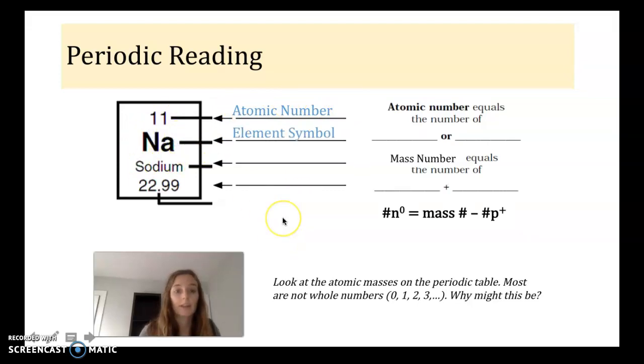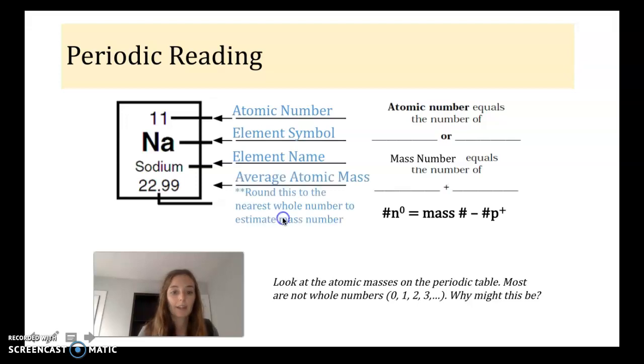This is our element symbol, so Na means sodium, which is our element name, and then finally we have the average atomic mass. In order to get our mass number, we round this number to the nearest whole number to estimate it, and we'll talk more about that.